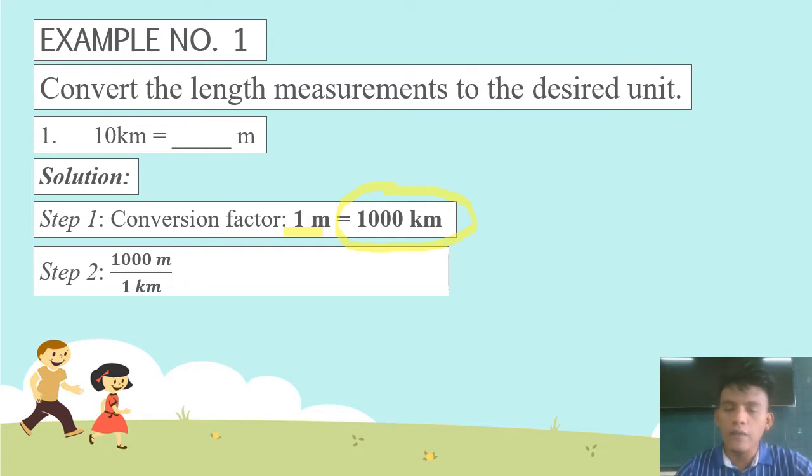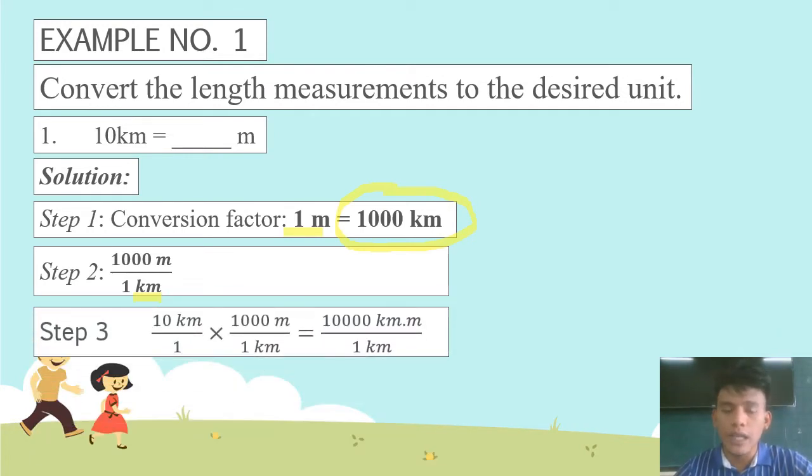So that's why if the kilometer is given, then the kilometer here must be our denominator so that we can cancel out kilometers. Step 3, 10 kilometers. Remember that a whole number has a denominator of 1. That's why there is 1. So times 1,000 meters over 1 kilometer.